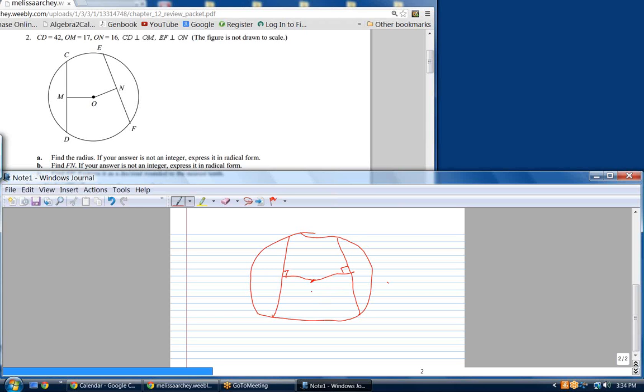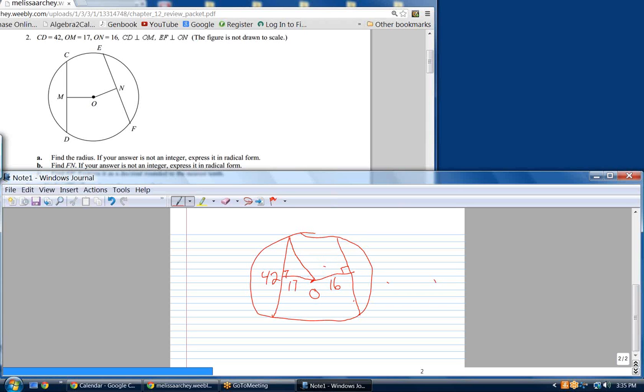So how would we find the radius, which is question A? They give us OM is 17. ON is 16. And they give us CD is 42. So you make right triangles with them. Okay. So EN would be 42, or E to F would be 42 as well then, correct?